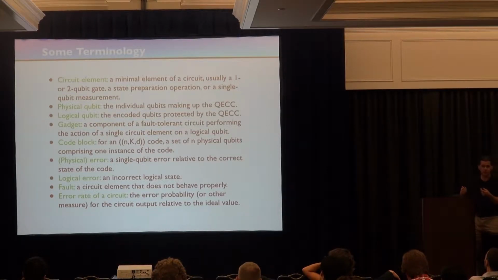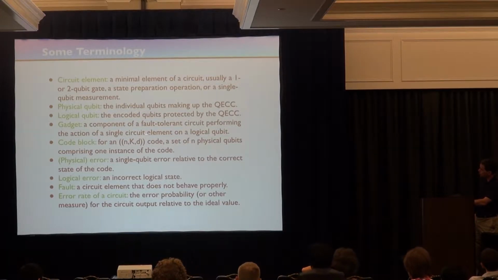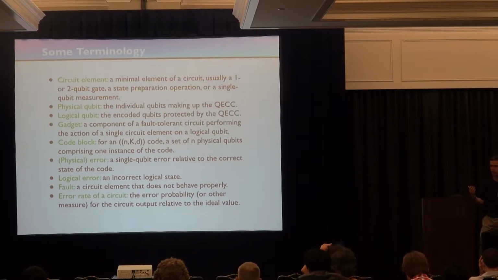Or you might have a gadget that implements the controlled NOT gate on the logical qubits. So the gadget is usually a component of a fault tolerant protocol. I actually don't know of any protocol that's not built up out of gadgets, but there's no intrinsic reason that you have to have gadgets, as far as I can see.